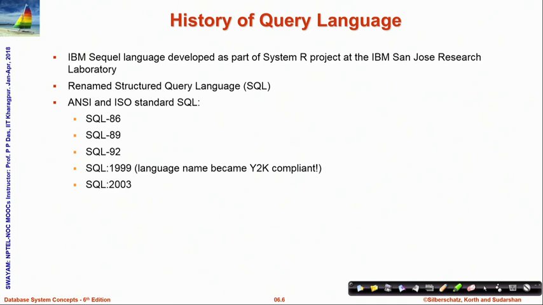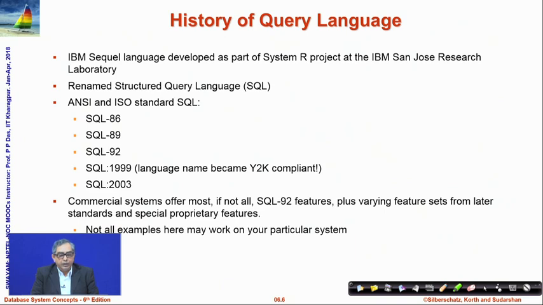There have been several standards of SQL, with SQL 92 being the most popular one, and the commercial systems, most of them, try to provide support for SQL 92 features, but they do vary between themselves.